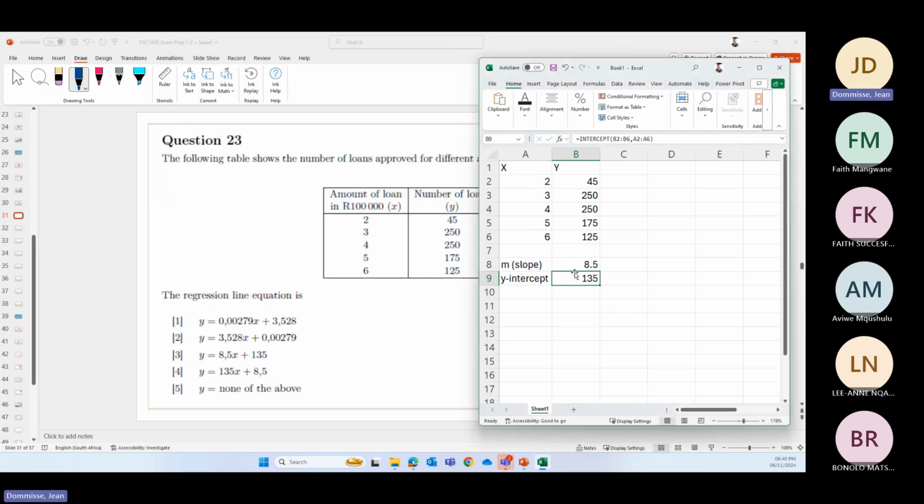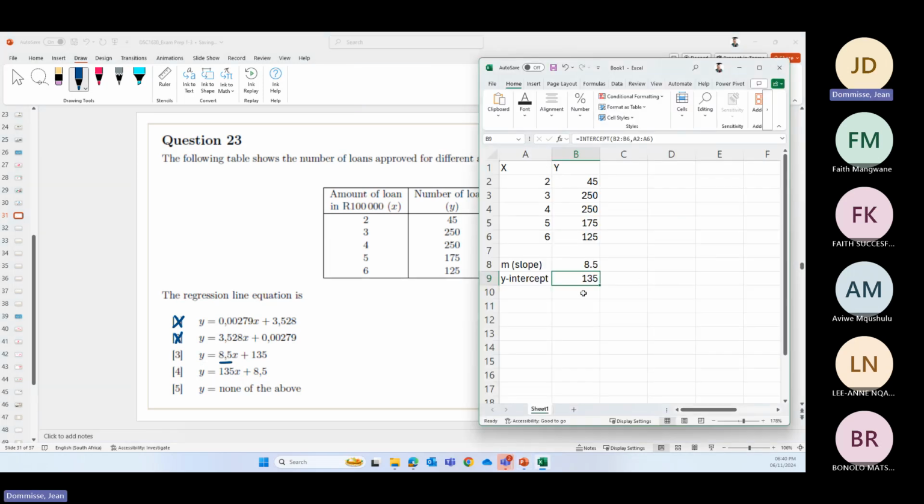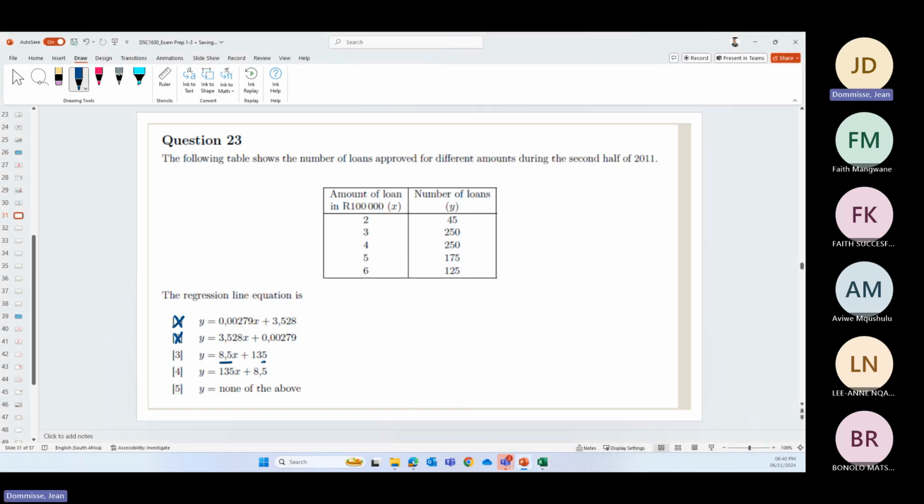Okay, so now you guys can see we've got a slope of 8.5. So if I look at these answers, my slope must be 8.5. And then if I look at my intercept, there it is as 135, and that is option 3.